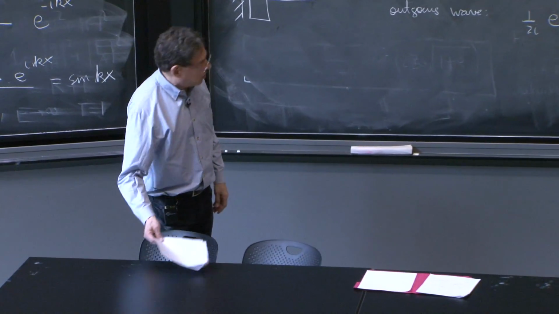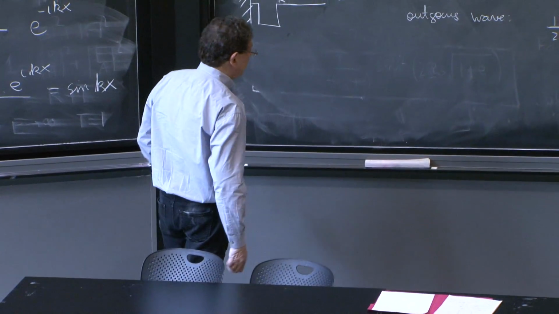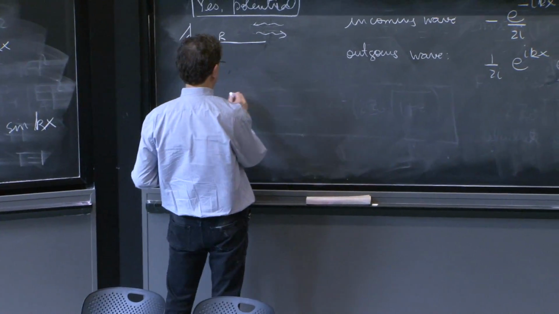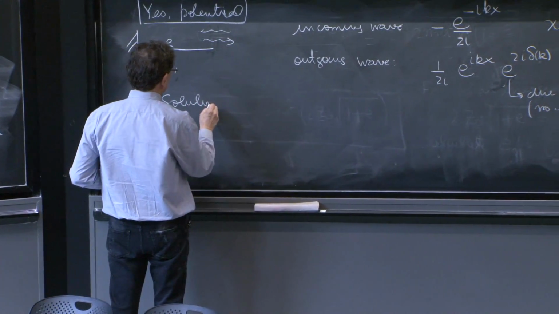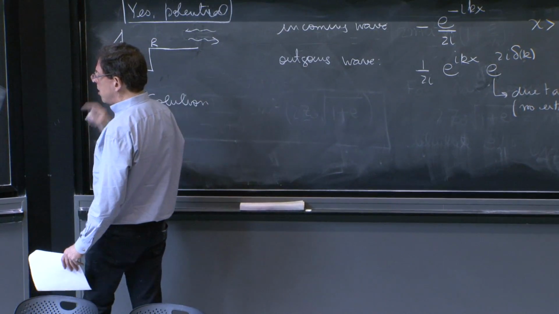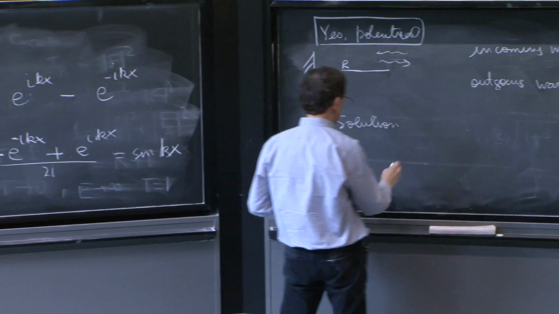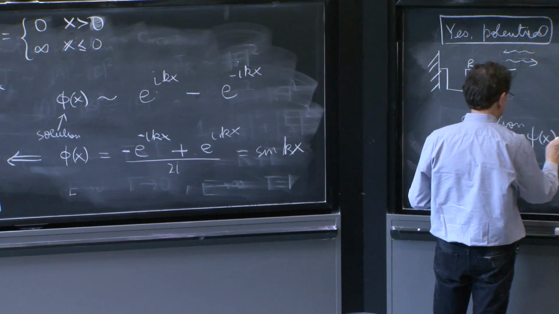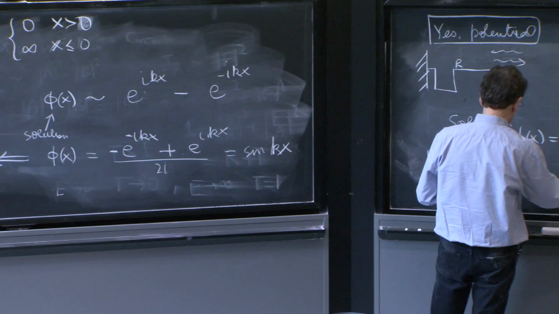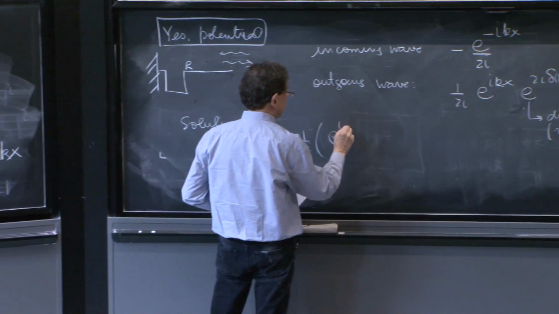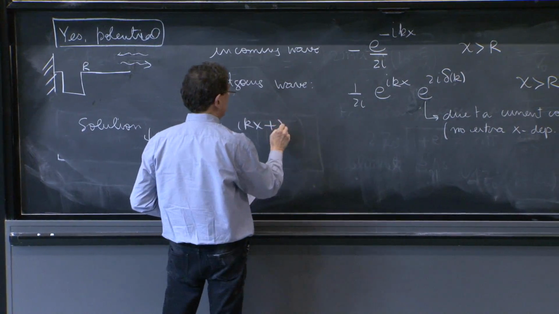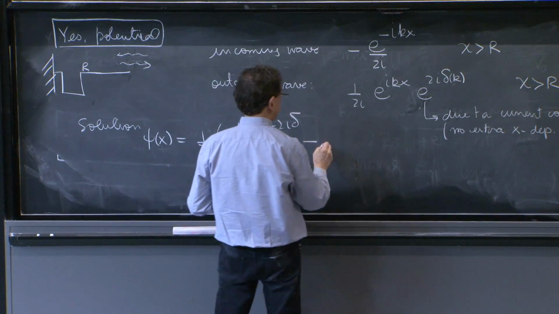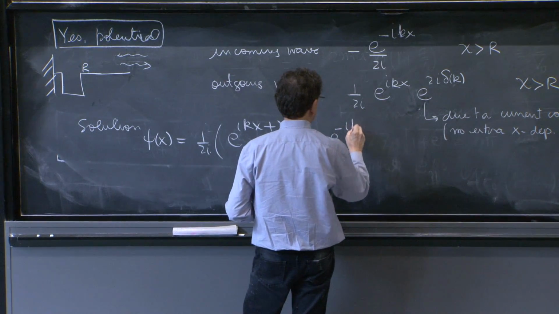So let's write the solution. We have this. So the total solution, we called the solution with no potential phi. This one we'll call psi of x. It will be 1 over 2i, the first term, e to the ikx plus 2i delta, minus e to the minus ikx.